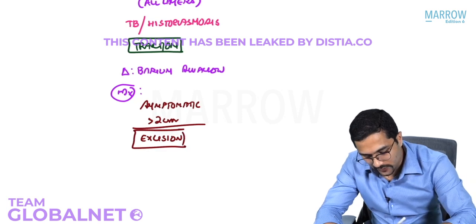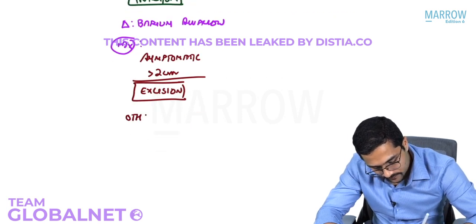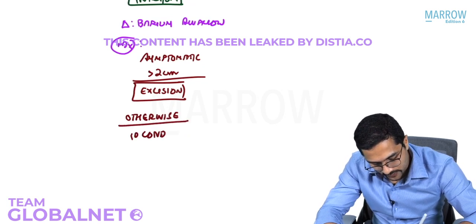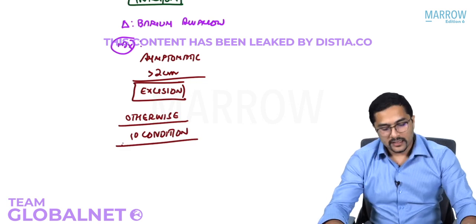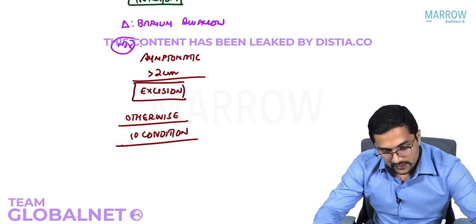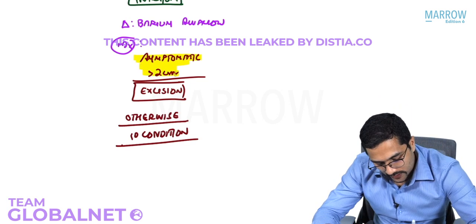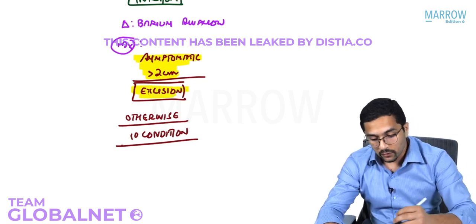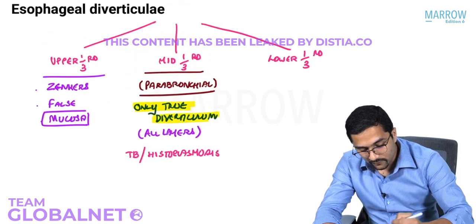Otherwise, we just need to treat the primary condition, that is TB or histoplasmosis, and it will take care of it. Only if it's a symptomatic diverticulum which is more than 2 centimeters in size do we need to excise it. So this you need to know is the only true diverticulum.